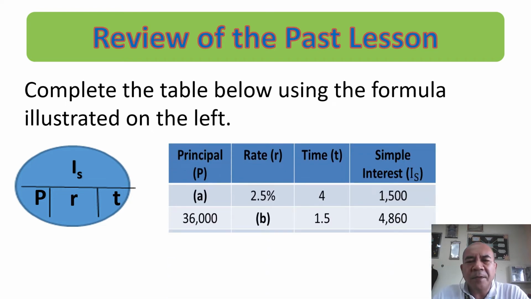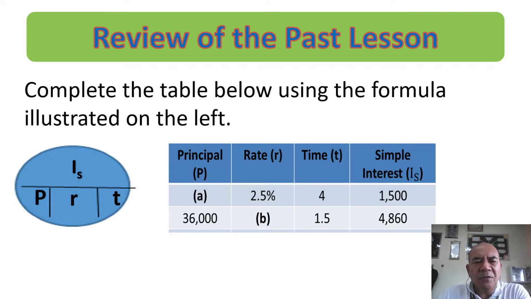For example, in this table, the principal is unknown, the rate is 2.5%, the time is 4, and the simple interest is 1,500.